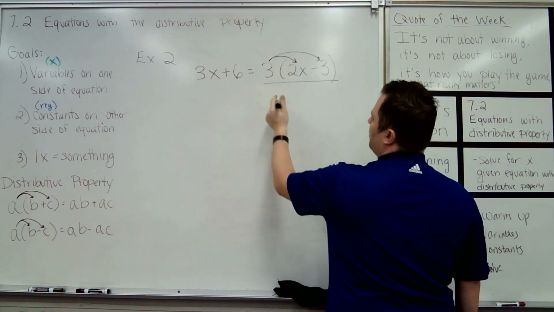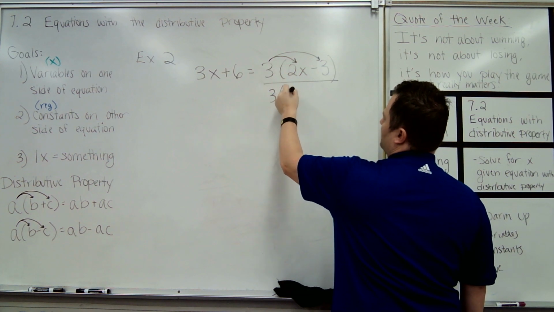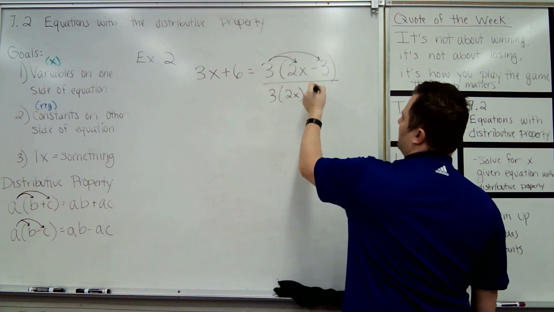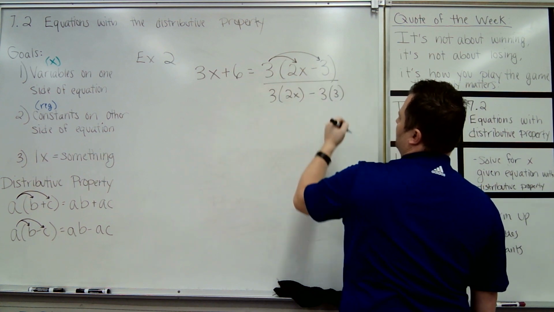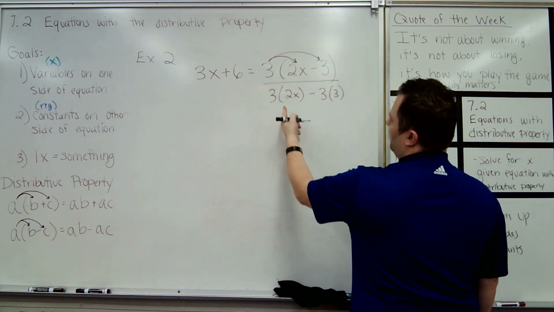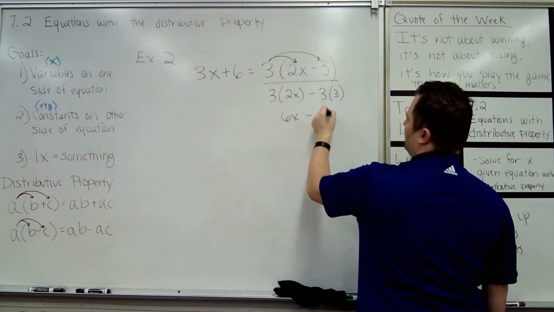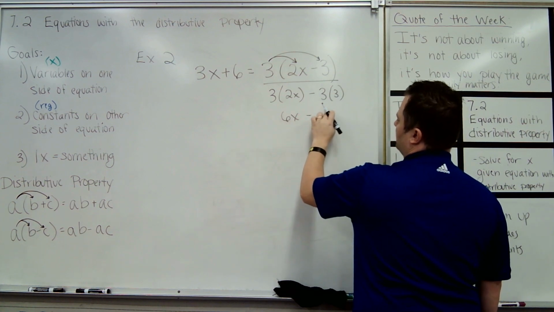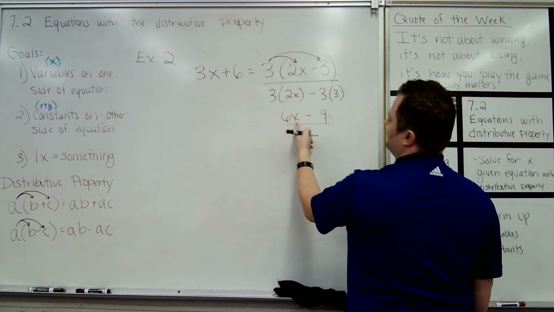What would this be if I rewrote it? So 3, the first, a times b, which is 2x, minus a times c. Well, 3 times 2x is 6x, minus 3 times 3, which is 9. I can think of this side as 6x minus 9.